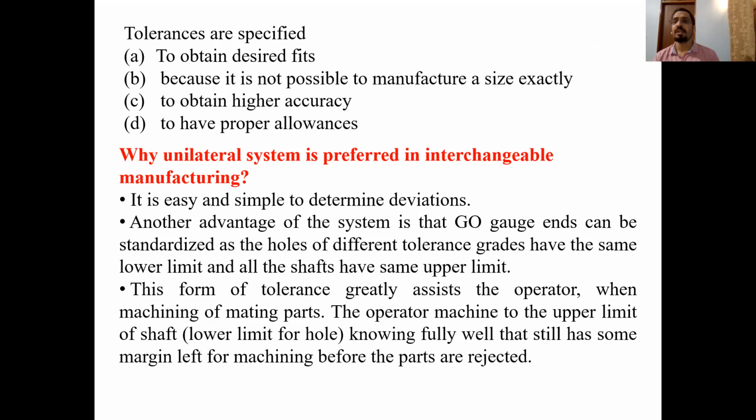I have already told you the definition of deviation. Deviation is the algebraic difference between the upper limit and the basic size, and the lower limit and the basic size. So in the unilateral system, if we fix a limit, then we can easily get the deviation.